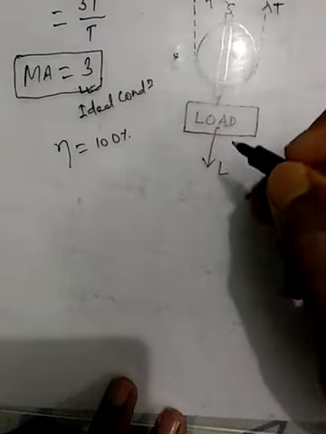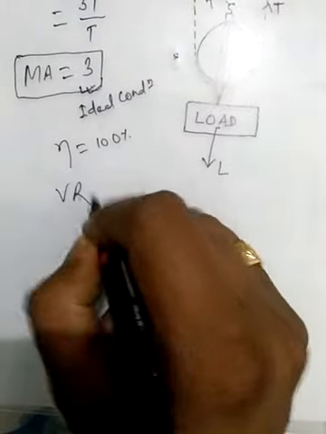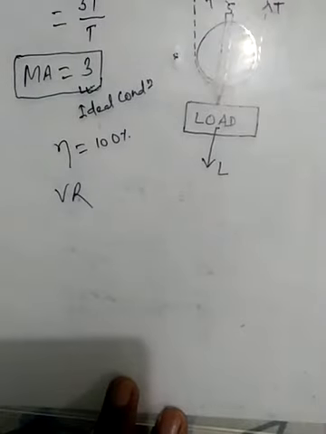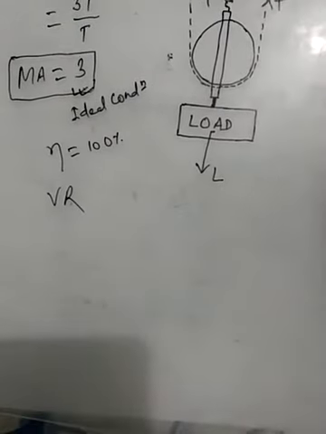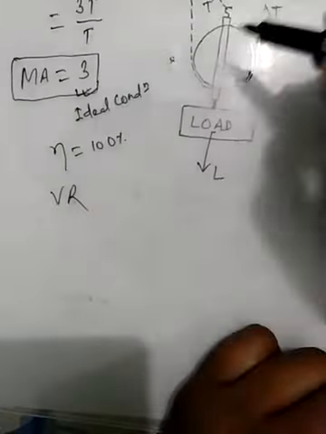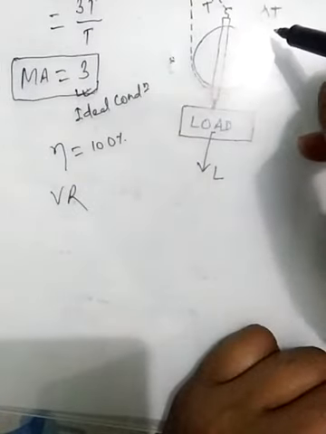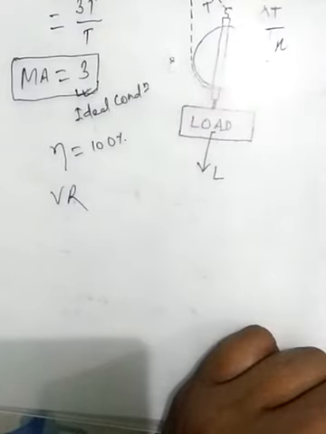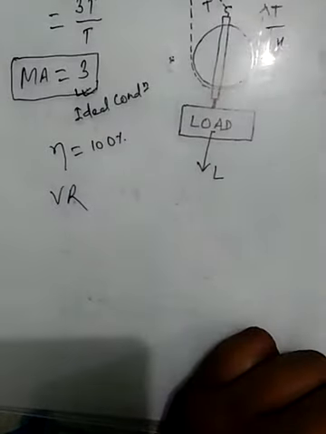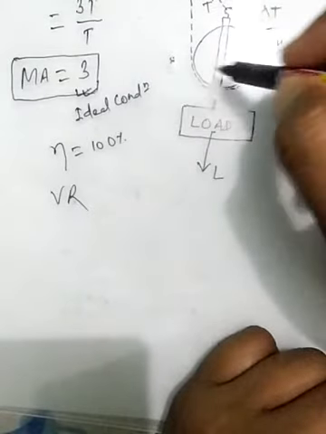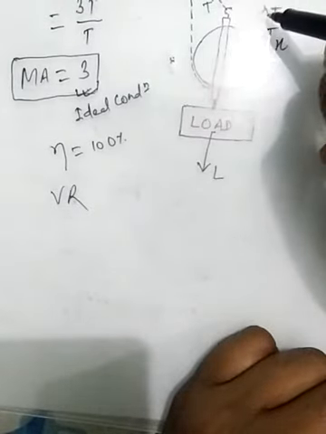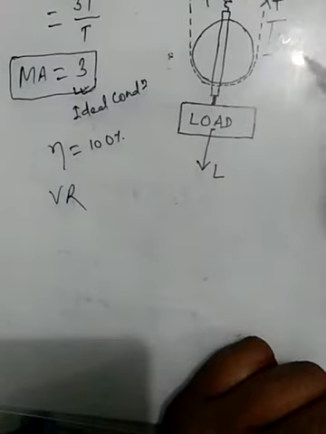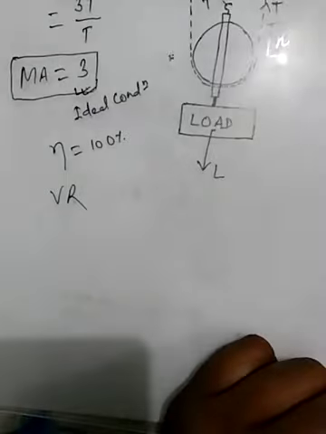Now we have to calculate the velocity ratio for the system. If we assume that this movable pulley moves upward a distance x in time t, due to this the three sections of string are loosened by distance x.